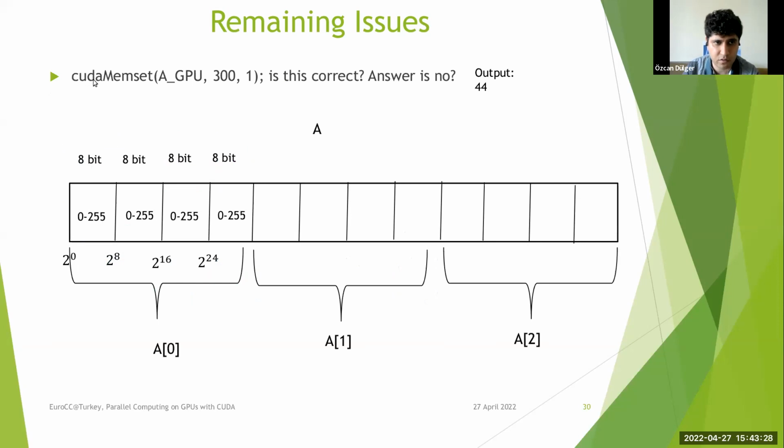Can we do this operation with this command? Here, on the GPU, the value is 300, and we set 1 byte here. Is this correct? No. Again, we get 44 as the output. So how can we set 300 to the first element of the GPU array?